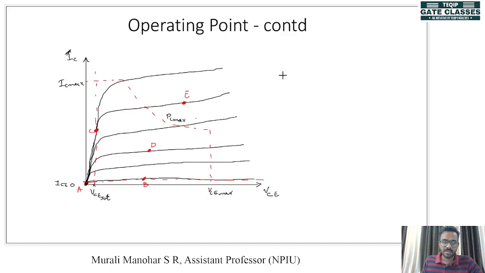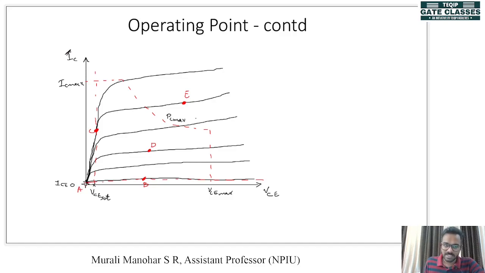Now we have to identify which operating point is the most suitable for amplification operation. Okay. So let's say A is our quiescent point or our operating point. The problem with A is, now the current and voltages are 0. First thing is, the transistor will not be in the active region, and second thing is, now we are going to apply our AC signal to this amplifier, which is operating at this point because of the DC supplies.